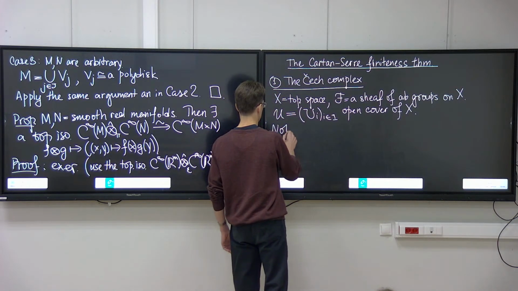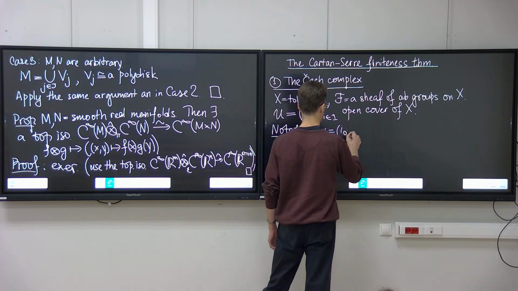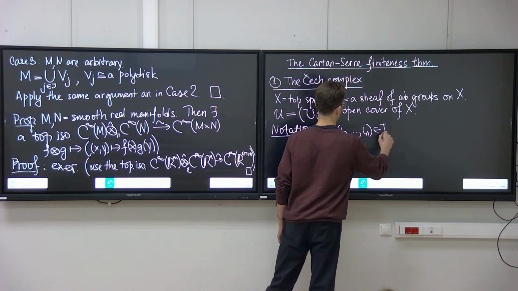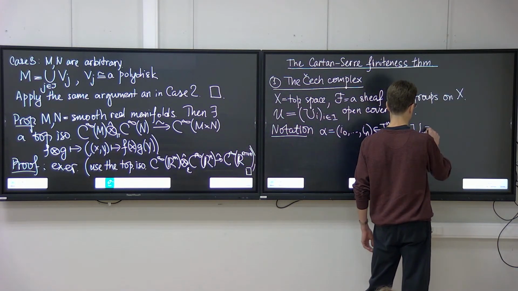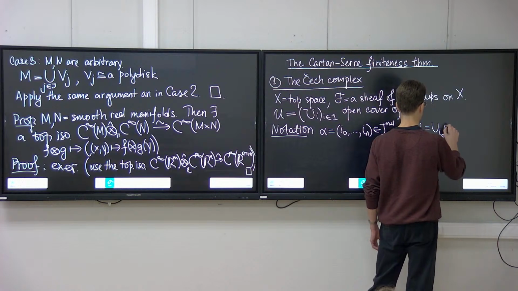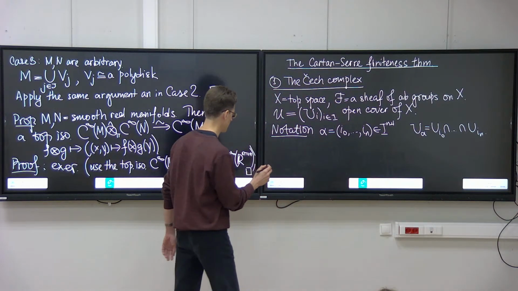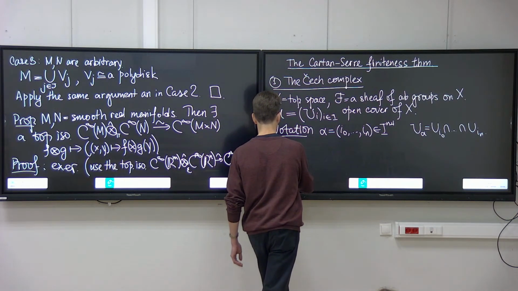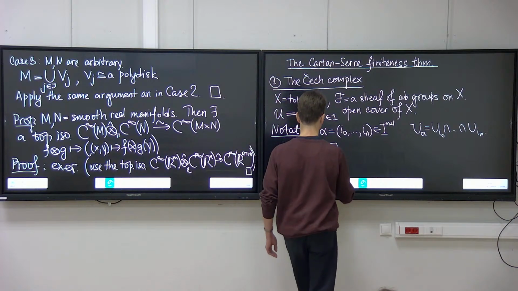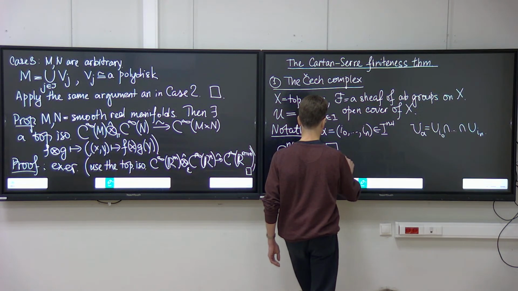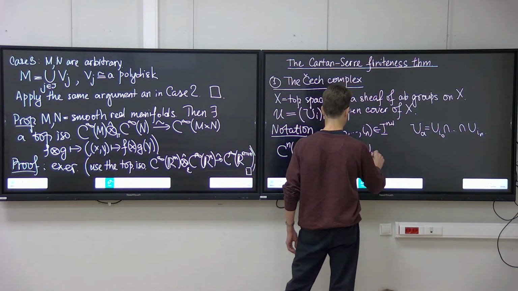Let's introduce some notation. If alpha is an ordered n plus 1 tuple of elements from I, then we denote by U alpha the respective intersection of U_i0 up to U_in, and we denote by C^n(U, F) the product over all n plus 1 tuples alpha of the section spaces of F over U alpha.